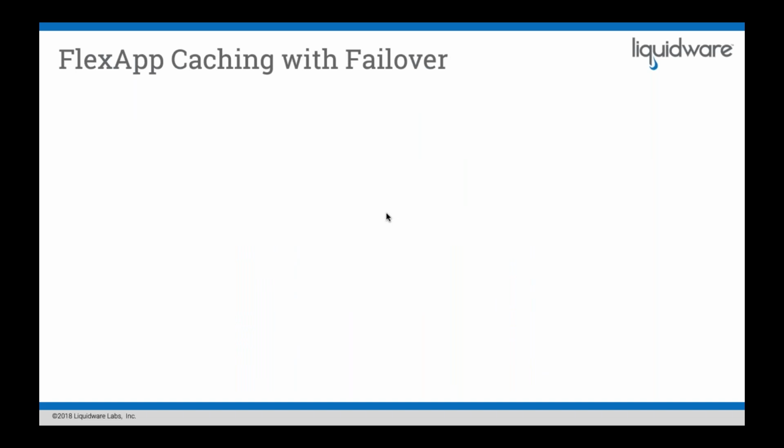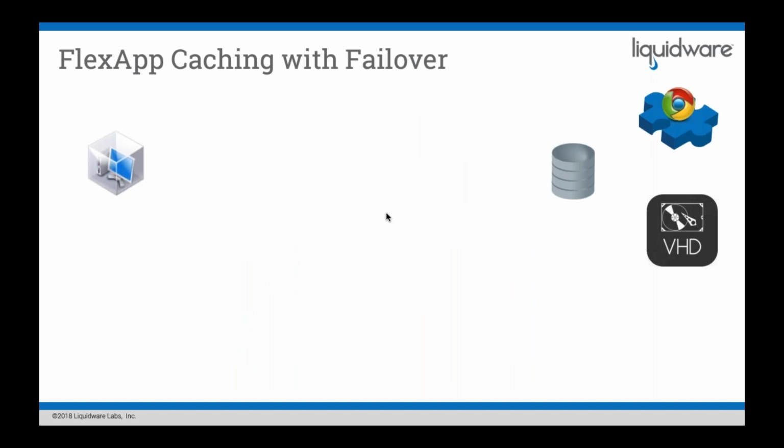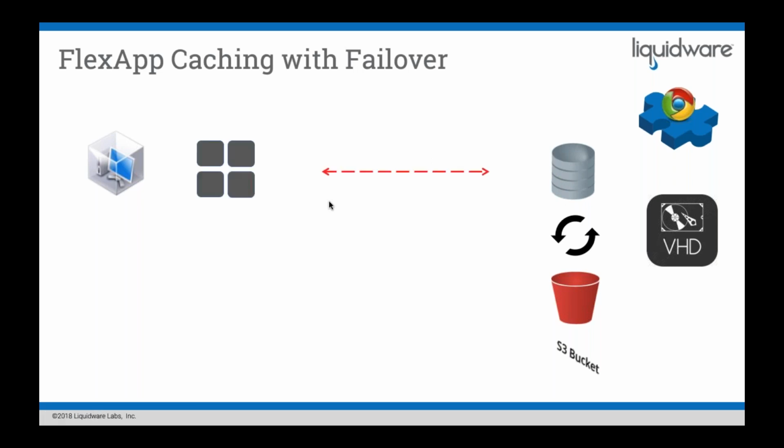So caching with failover, I want to give you an idea of what this looks like. You've got your desktop, whatever it may be, and you've got your applications, your storage in the background. So what happens is user logs in, and here you've got the SMB share up top, you've got your S3 bucket down here, and they are being replicated between so that the FlexApps are in sync.